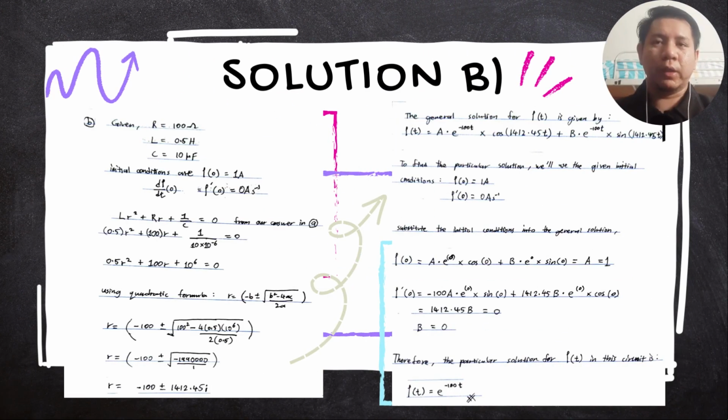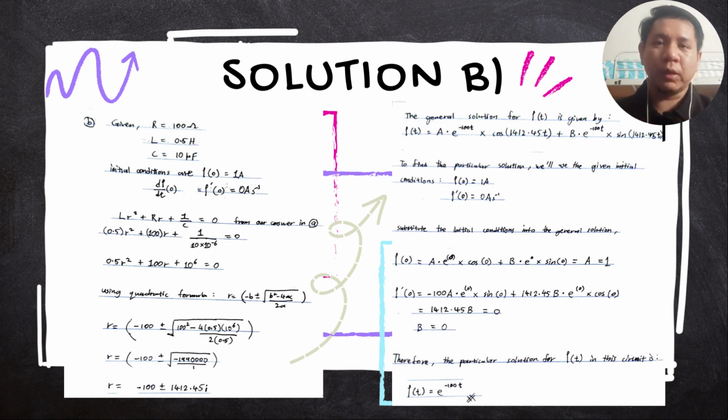Okay, for question B, given R equals 100 ohm, L equals 0.5 H, and C equals 10 microfarad. Initial conditions are I(0) equals 1 A, dI/dt at 0, which is I prime 0, equals 0 A per second.